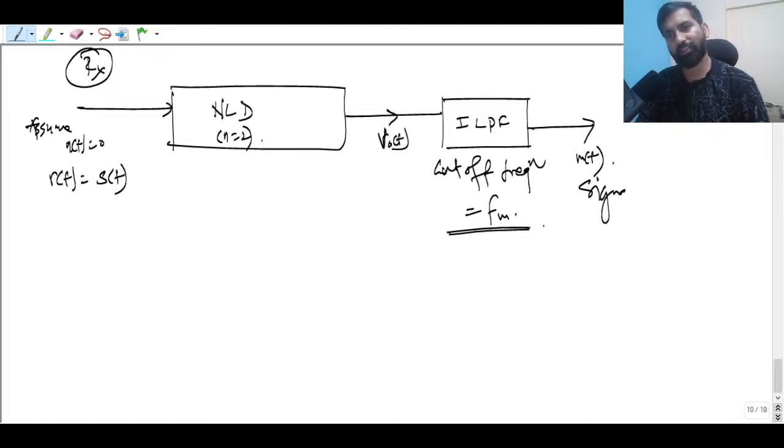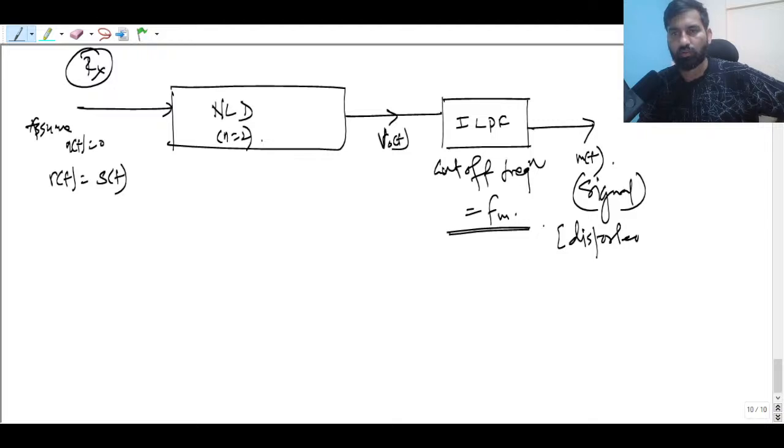But this message signal will not be the actual signal. It will be a distorted one. Distorted signal you will get. This is important, right? From where does this distortion come, you know?